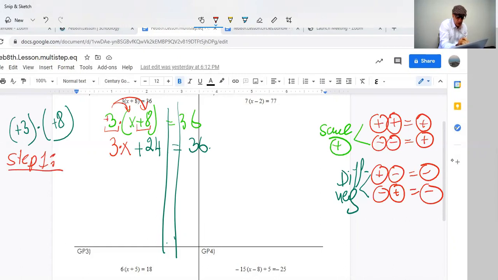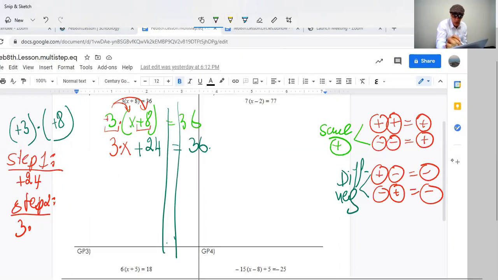Step 1, let me get rid of that plus 24. And step 2, let me get rid of that multiplication by 3. So we start with step 1. If it's a plus 24, the inverse is minus 24.